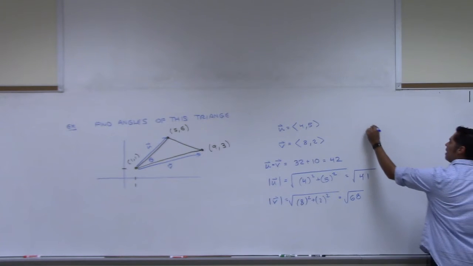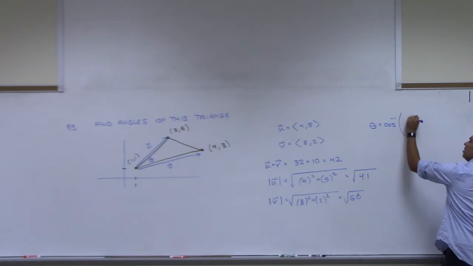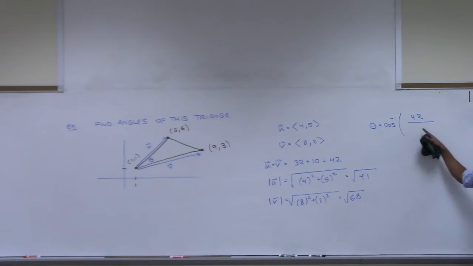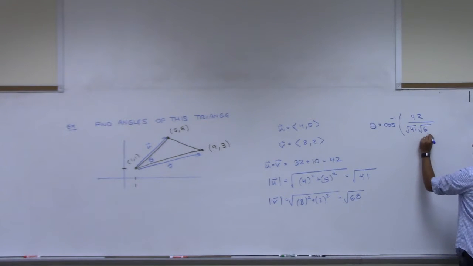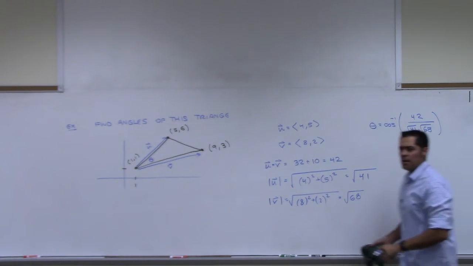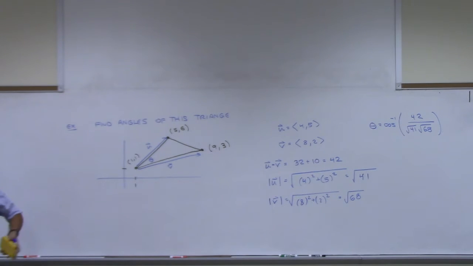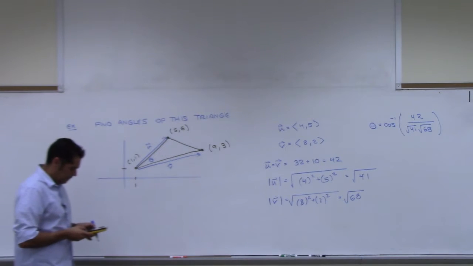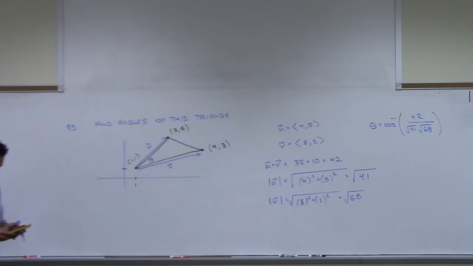Because we know that theta must be arc cosine of 42, that's u dot v, over root 41 times root 68. So we get our calculators out, and make sure you type that in correctly. And let's go ahead and get the answer in degrees. So make sure you're in degree mode on your calculator, which I am. Arc cosine. Make sure you're using arc cosine, not cosine, right?